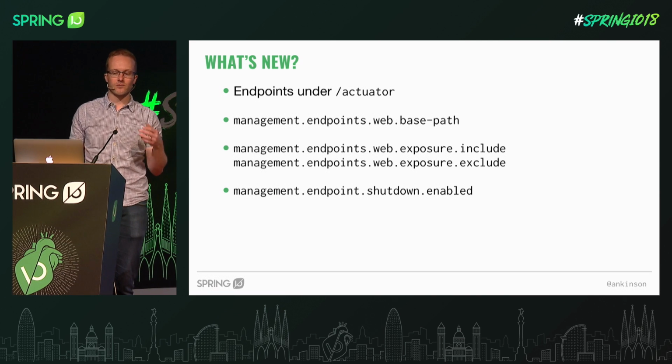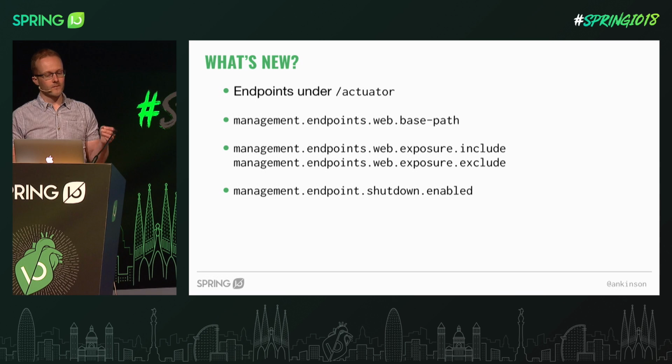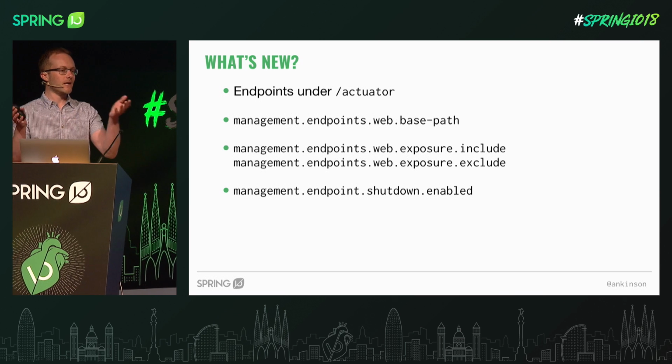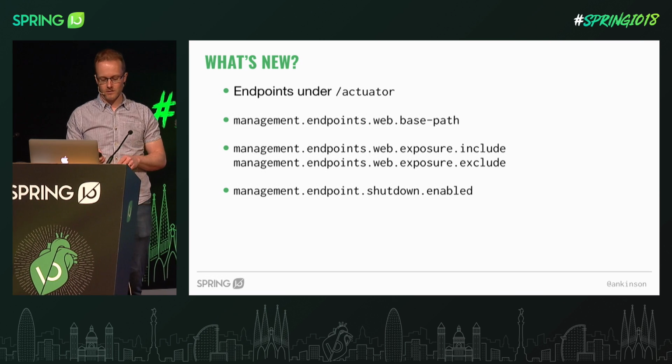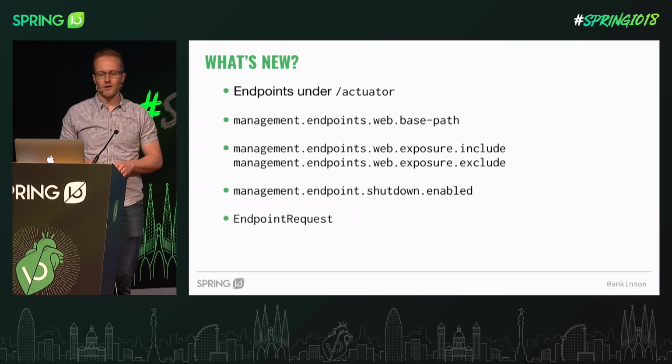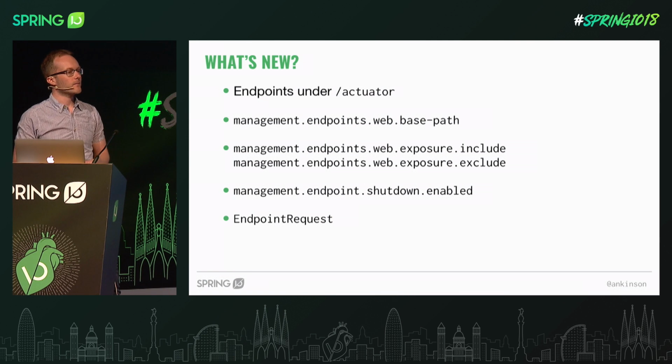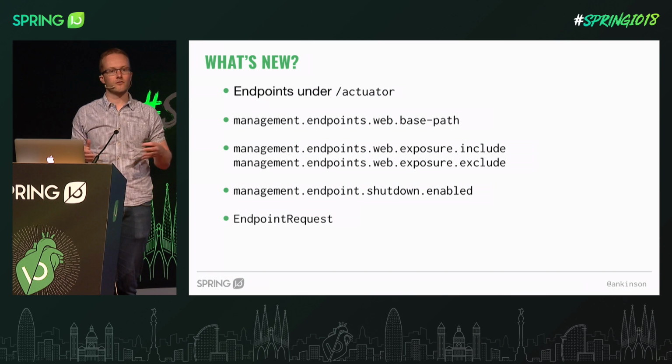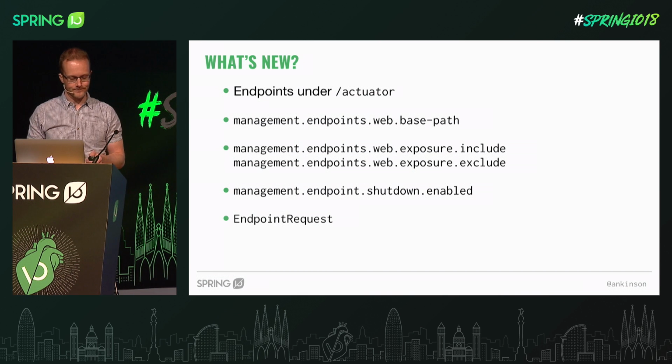And you can use management.endpoint, the ID of the endpoint, and then enabled to control whether it's available at all, and then decide what technologies it should be exposed over. Endpoint request to hopefully help you secure your Actuator endpoints a bit more easily when you're customizing your Spring security configuration.